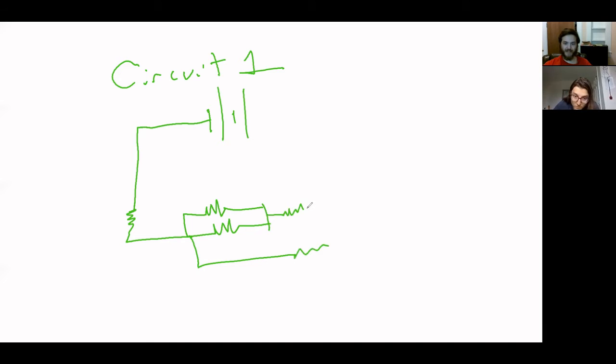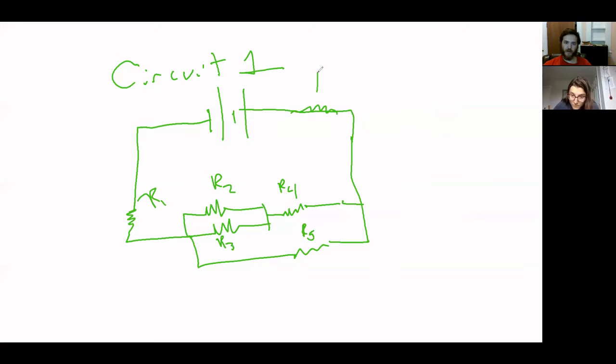And this is messy, and of course it's messy because I'm trying to make it a challenge problem. Okay, so this is our baby circuit problem. We're going to call these R1, R2, R3, R4, R5, and R6.